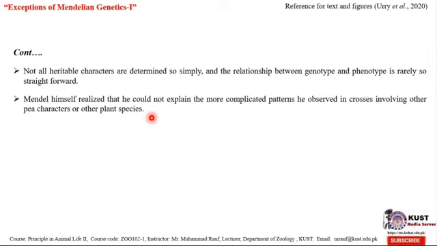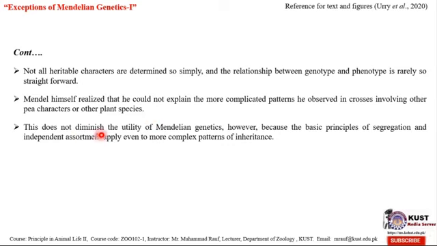He came across some crosses where even his own laws were not sufficient to explain the outcome, but he didn't document them because he thought that documenting something which he was unable to explain completely would obviously decrease the importance of his work.